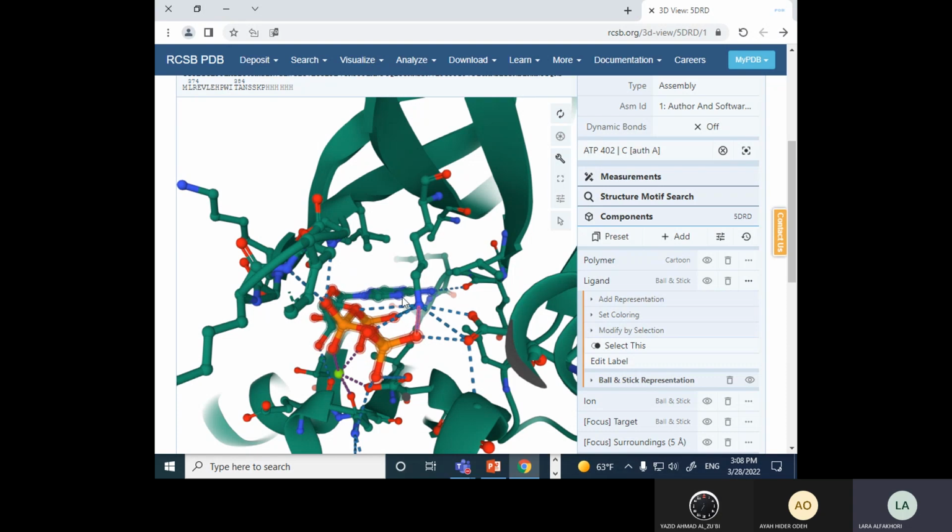Okay, those interactions is what activates the phosphate so that it would be easy for the hydroxyl in the substrate to attack at terminal phosphate and gets phosphorylated. Okay.